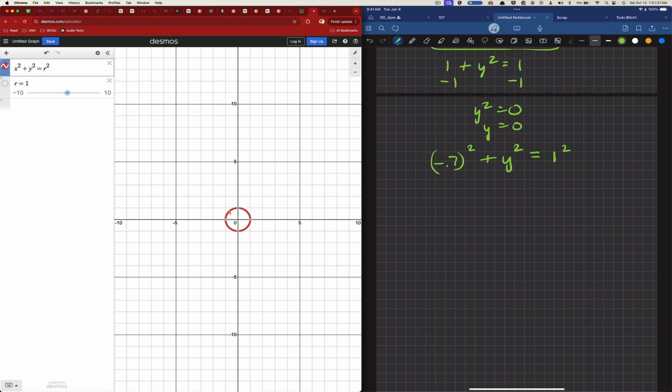This is going to be 0.7 squared, which is 0.49. Remember, 2 negatives multiplied to be a positive. Subtract this from both sides. I get y squared equals 0.51. Take the square root of both sides, and I get y equals the square root of 0.51.